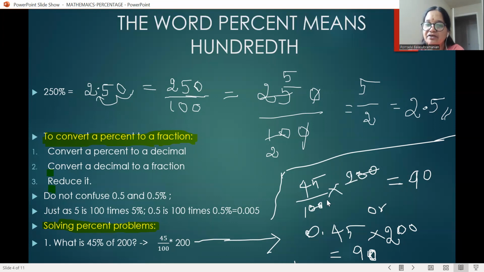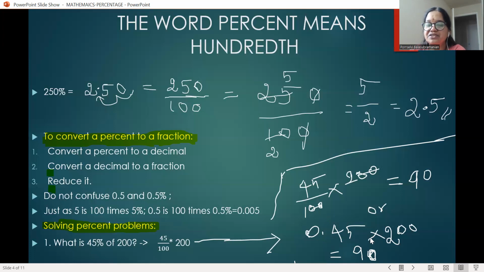Another way is, instead of writing the 45 percentage in the fraction form, you can convert it into a decimal value, then multiply with 200. 45 percentage means, as I have told you already, you move two decimal places towards the left hand side. So 45 divided by 100 you can write as 0.45. So 0.45 into 200, you will get the value 90.